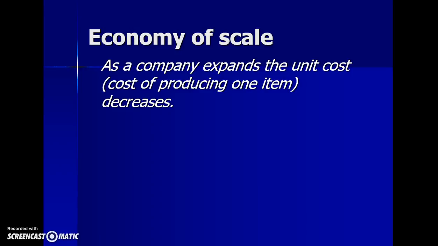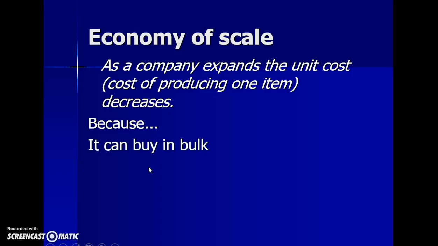So as a company expands, as it gets bigger, that unit cost goes down. So it's a little bit ironic. You would think as it gets bigger, it's going to cost more to produce, but in fact, it does go down significantly, and that is because of the following reasons that we're going to look at.